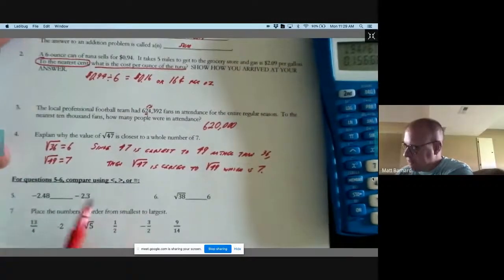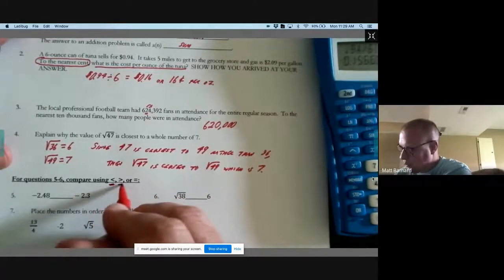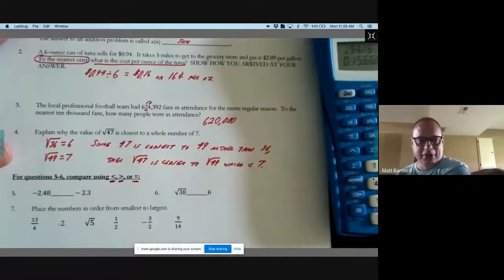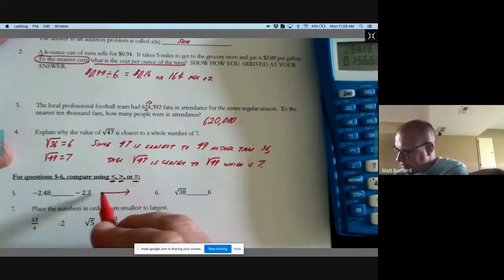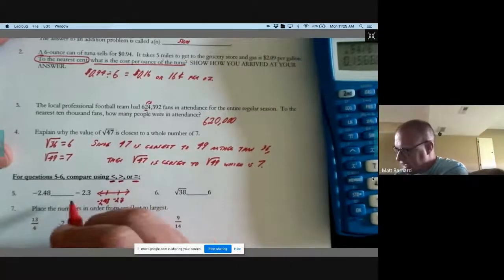Let's move on. Comparing. So we've got less than, greater than, equal to. Think of things on a number line. So on a number line, if we have negative 2.3, negative 2.48 would be farther to the left.